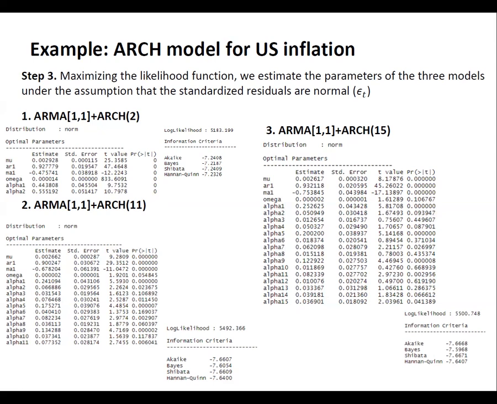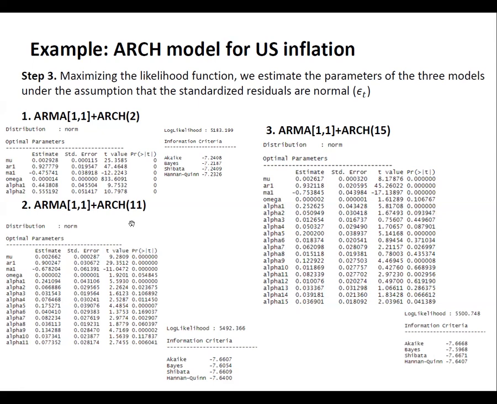Here is the final maximum value of the log likelihood function, and actual information criteria are given, which really make our work easier when choosing between a large number of alternative models. The second model is ARMA(1,1) plus ARCH(11).